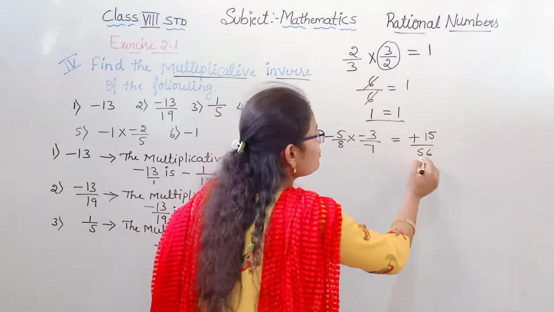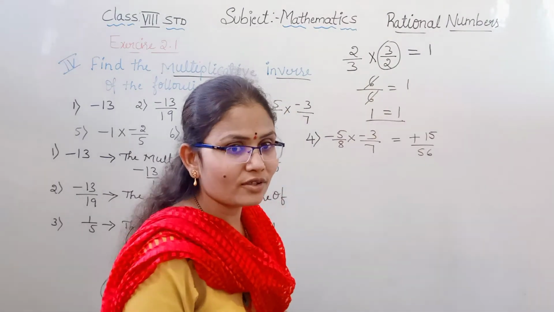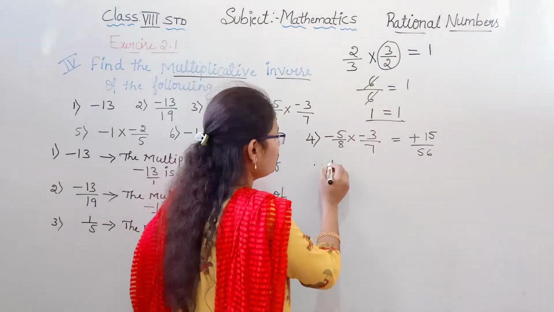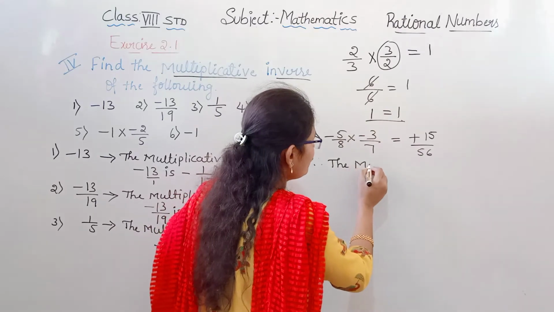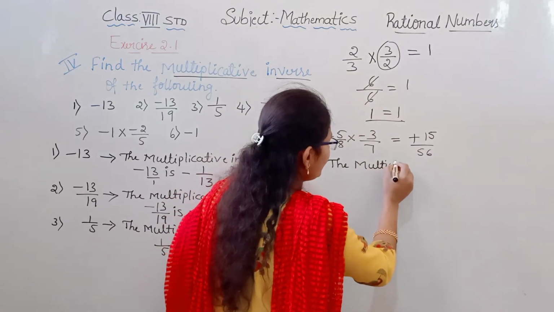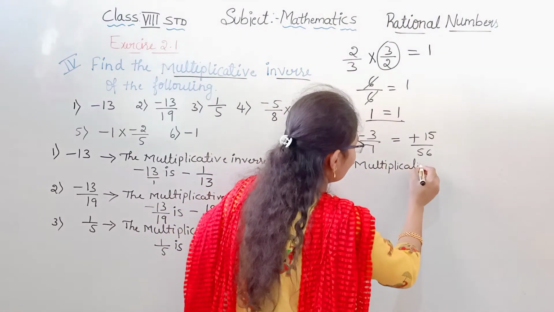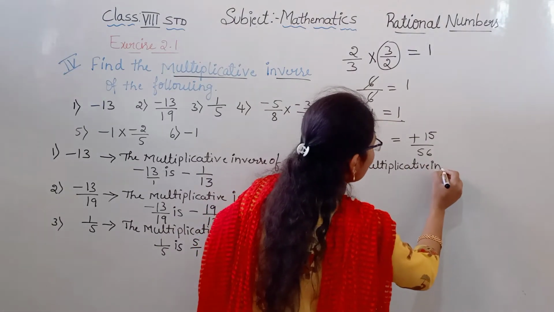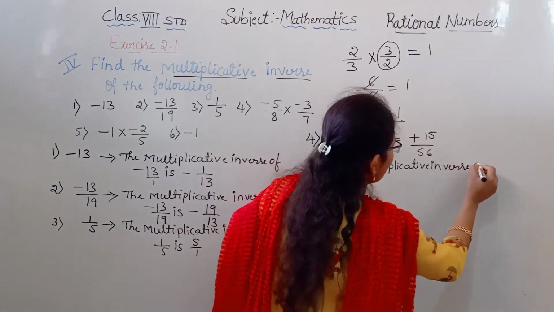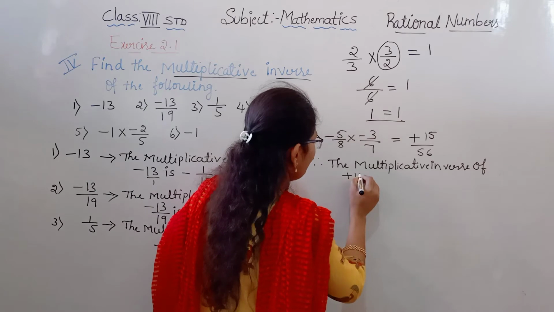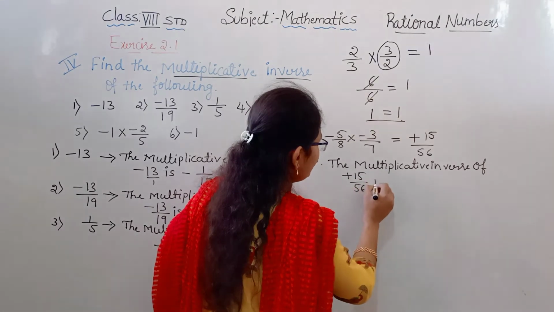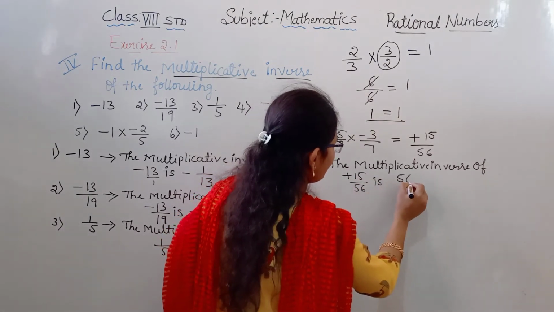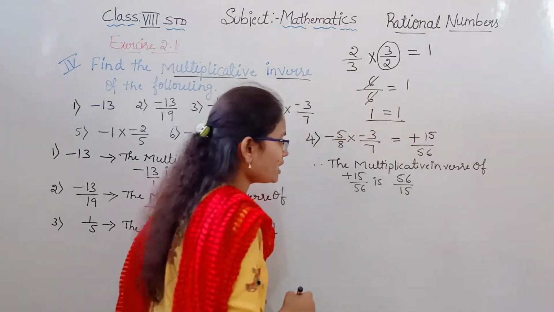Now for this we have to find the multiplicative inverse. Therefore the multiplicative inverse of plus 15 by 56 is 56 by 15.